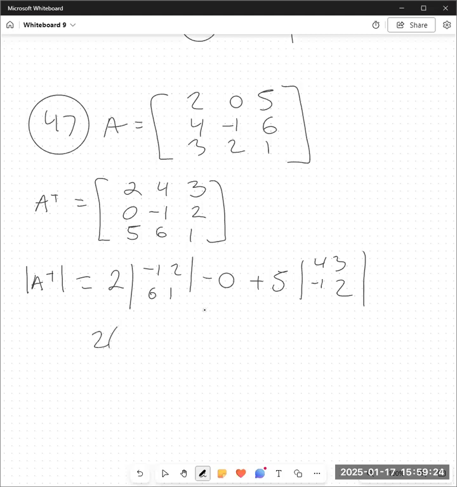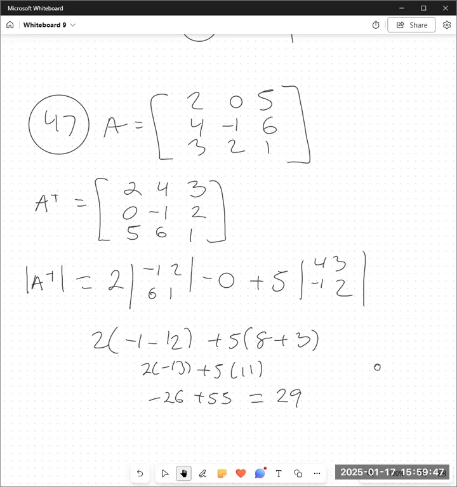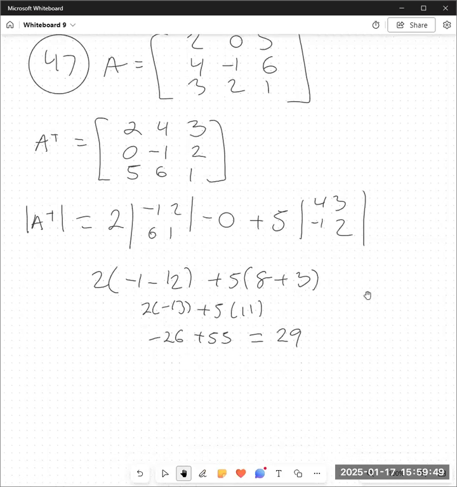That's going to be 2 times negative 1 minus 12 plus 5 times 8 plus 3, which is 2 times negative 13 plus 5 times 11. That is negative 26 plus 55, which is 29. And so that was A.